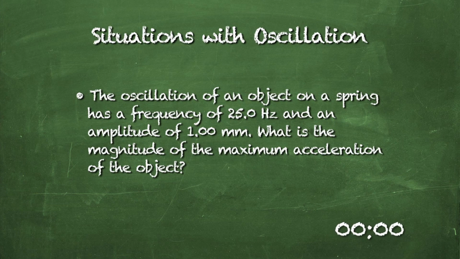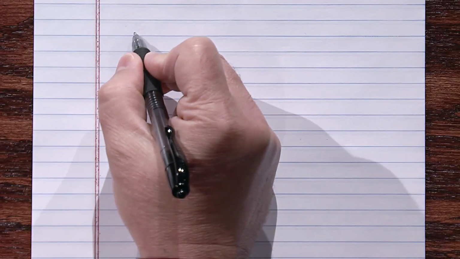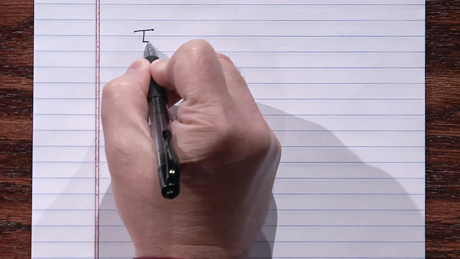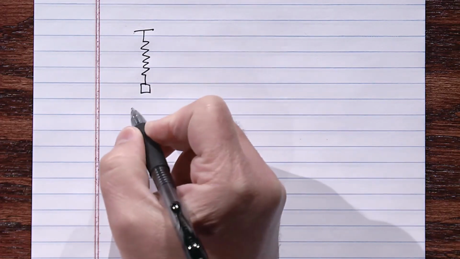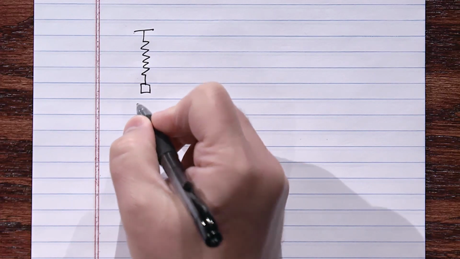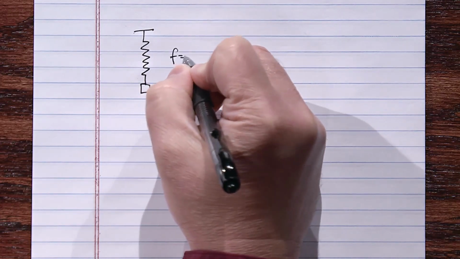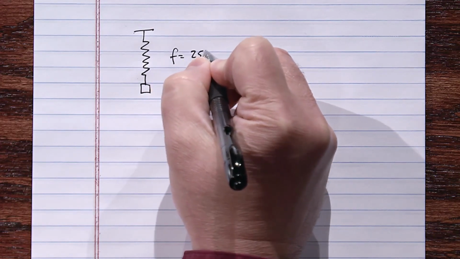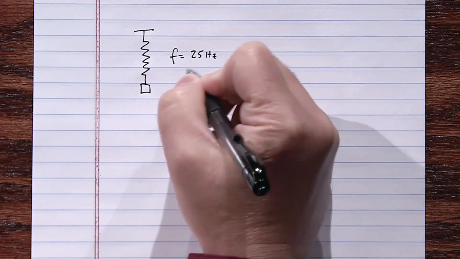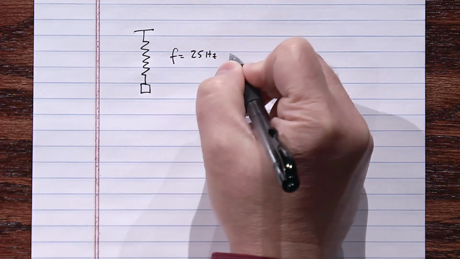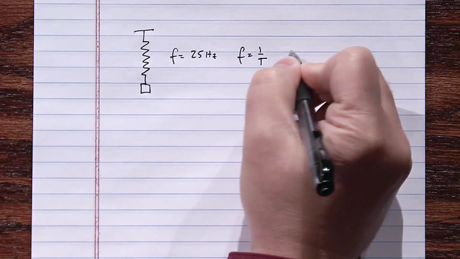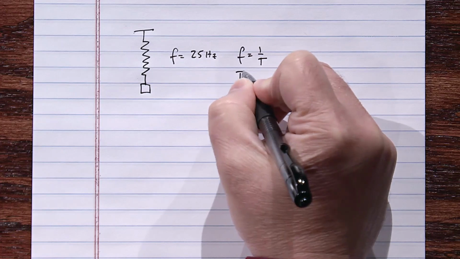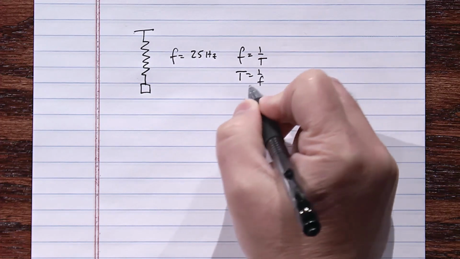Okay, so once again, we have a mass on a spring, and we're told that the frequency of oscillation is 25 Hertz. We know that frequency is 1 over the period, so we know that period is 1 over the frequency.